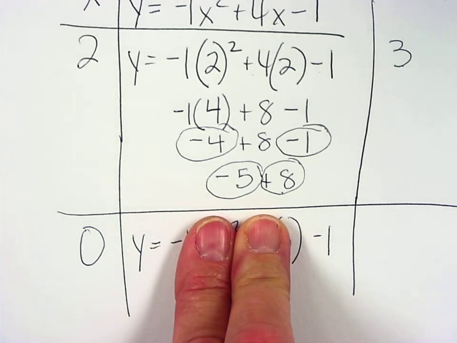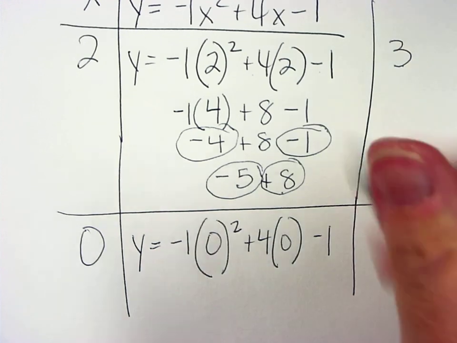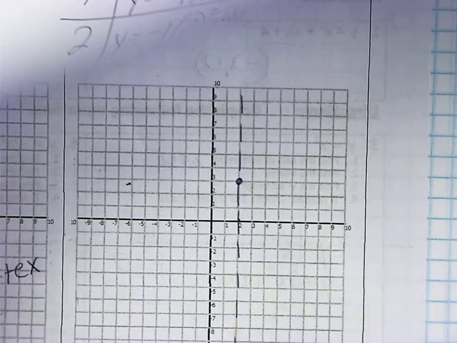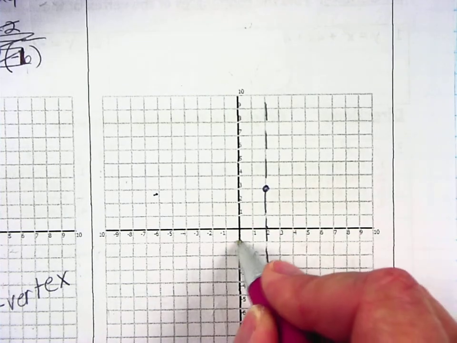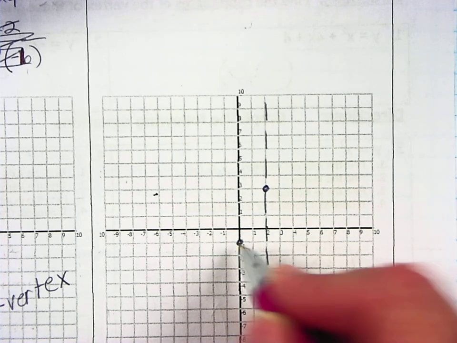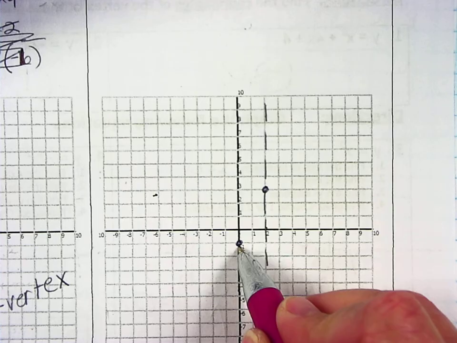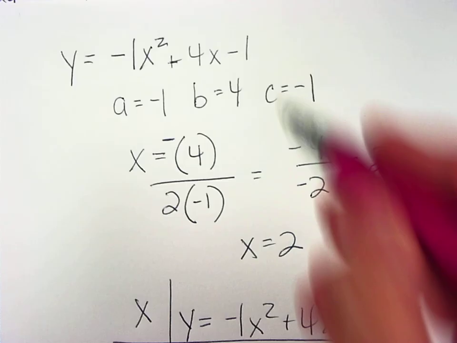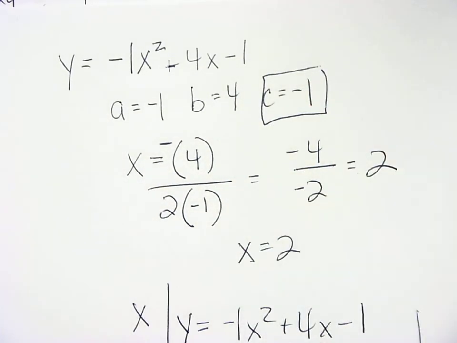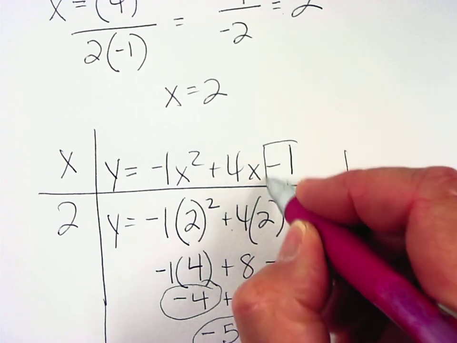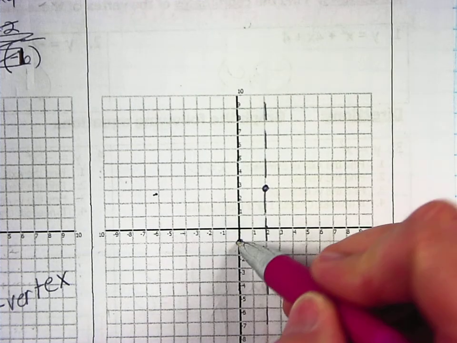So when x is 0, y is -1. (0, -1) is my y-intercept. And, oh yeah, that's right. This is also my c value. My c value is -1, isn't it? See, there's my c value, -1, and that's my y-intercept.